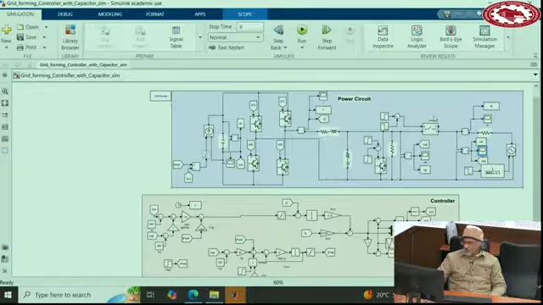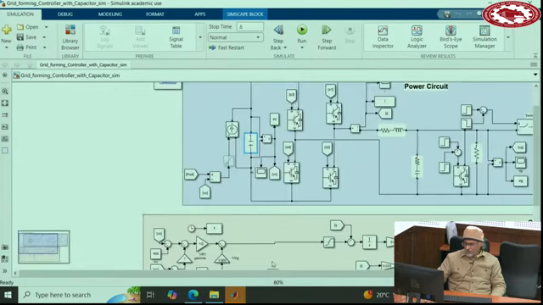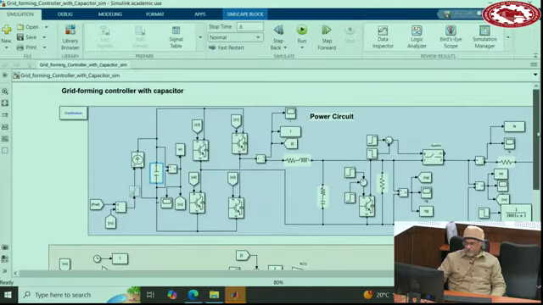And these are the switches that are used to change the load. So this is the voltage source converter. The actual capacitor is here, and the current source here. So it's just like a two-stage, but we are not concerned with the first stage now. So we model the first stage as a power source, basically.